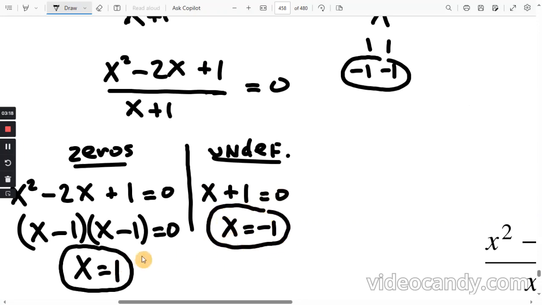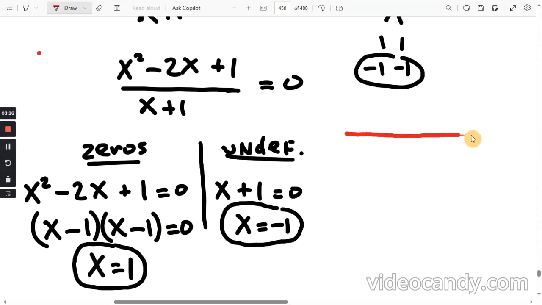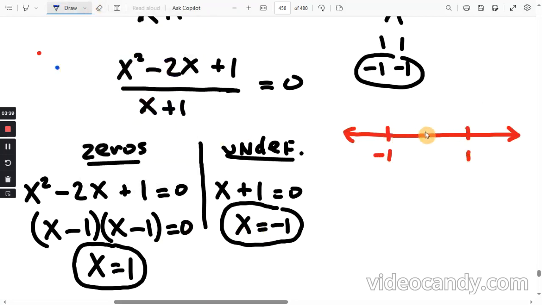All right, we're going to put these on a number line, and we're going to plug in the numbers in between. All right, on a number line, -1 would be on the left and +1 on the right. All right, and what are the easiest numbers to plug in? In between 1 and -1, I'm going to go with 0. Greater than 1, I'll go with 2. And less than -1, I'm going to go with -2.